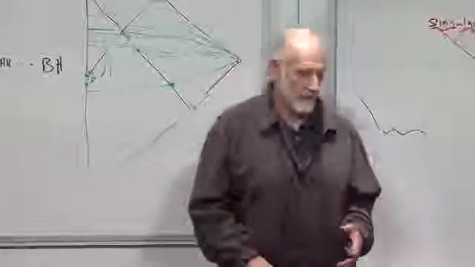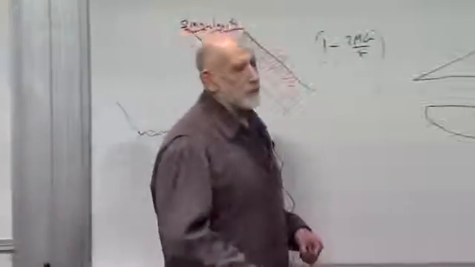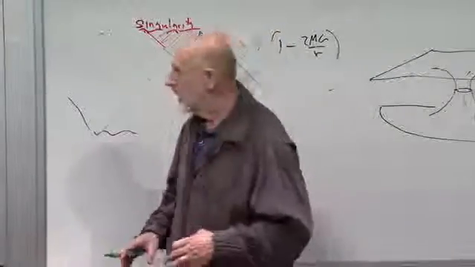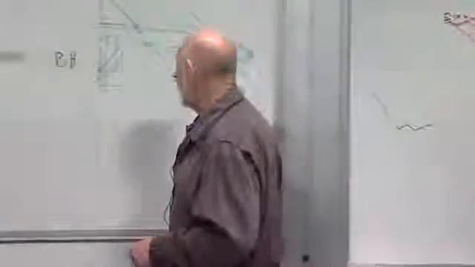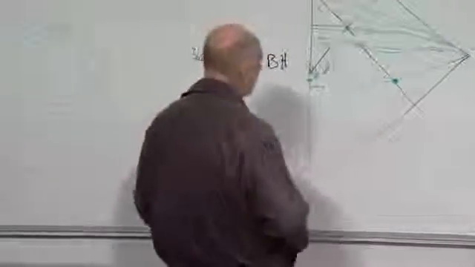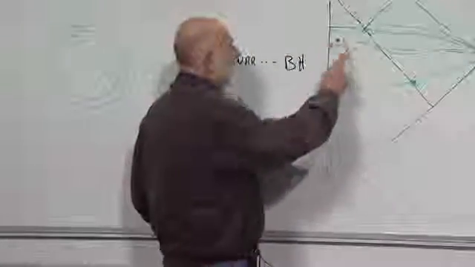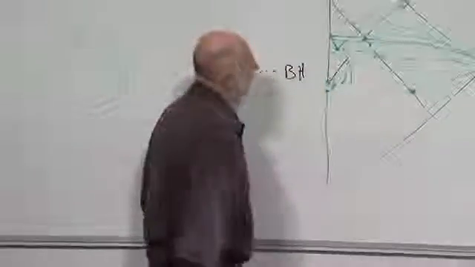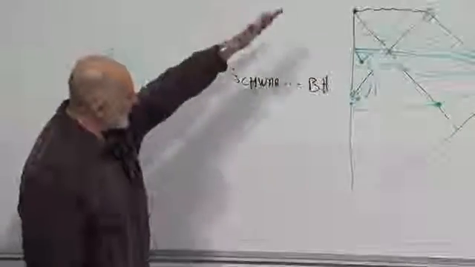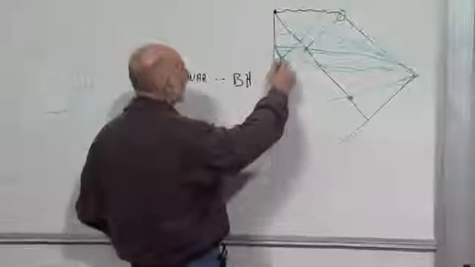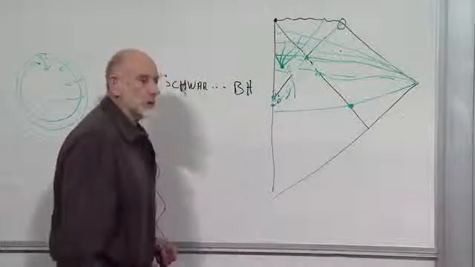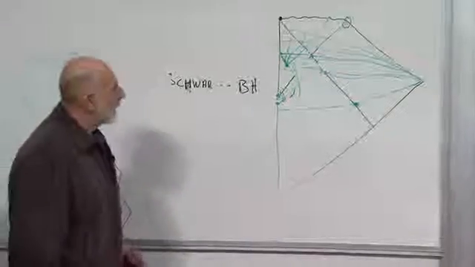The technical language would be that it reflects the causal structure, cause and effect. Cause and effect mean what can influence what. And the rule is a thing can only influence the things in front of it where light can get to. It cannot influence the things outside the light cone.